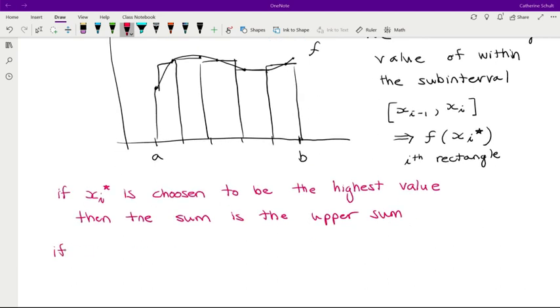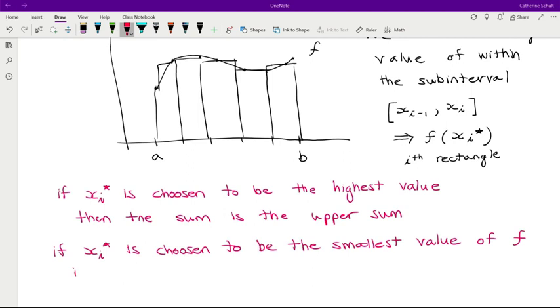And then if we choose the smallest value in the interval, we would get the lower sum.